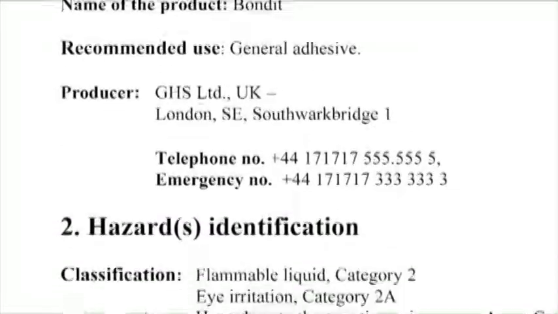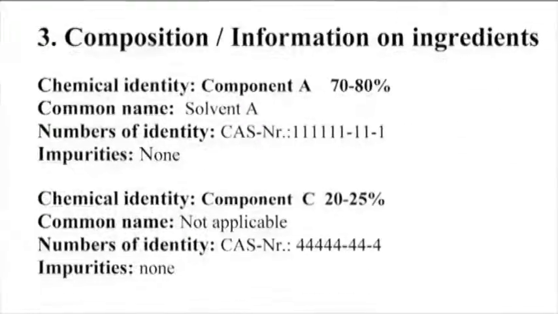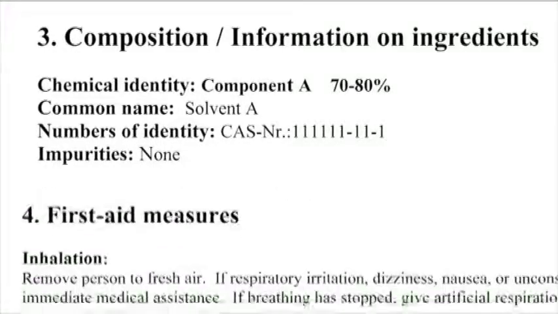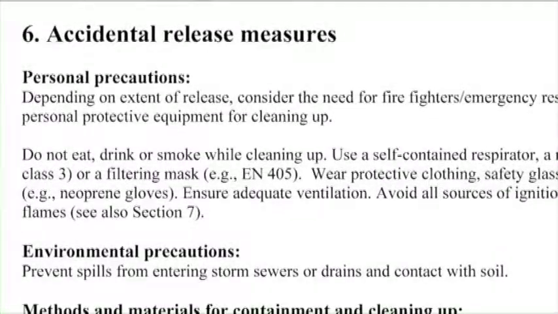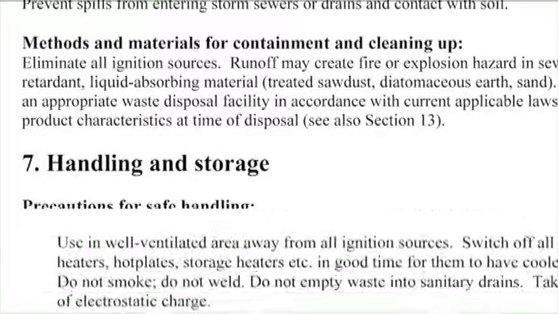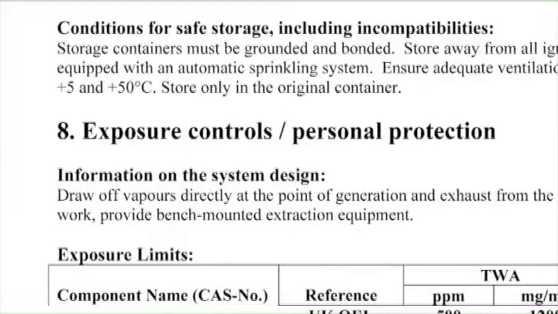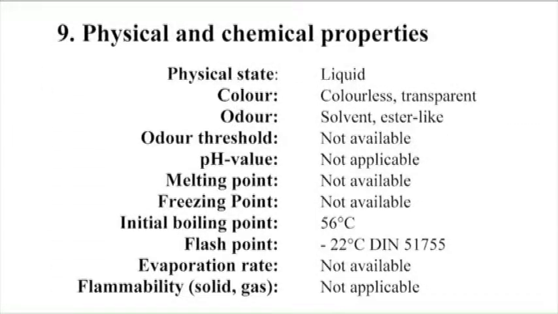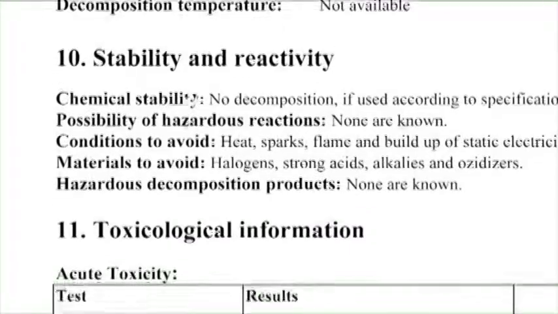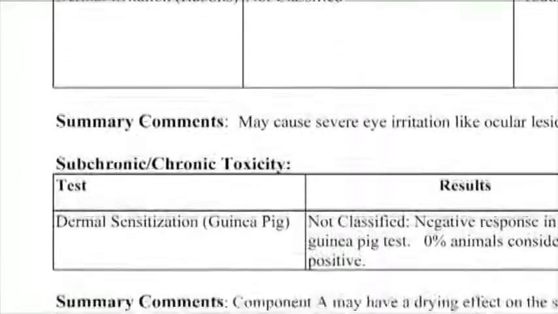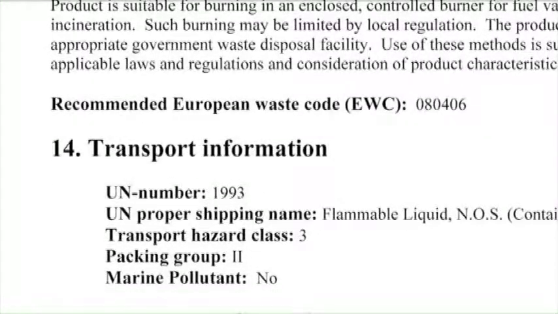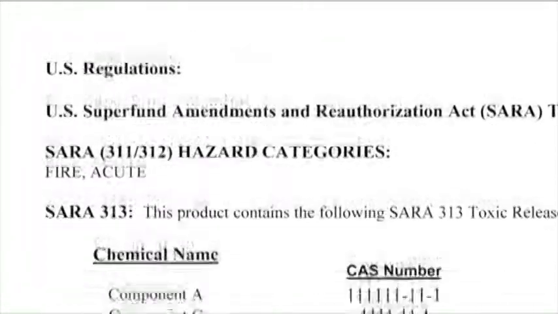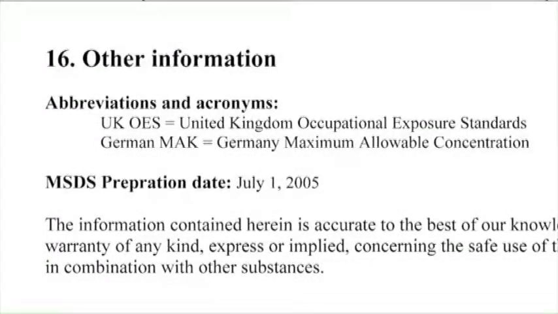The 16 sections include identification of chemical, hazard identification, composition information on ingredients, first aid measures, firefighting measures, accidental release measures, handling and storage, exposure controls, personal protection, physical and chemical properties, stability and reactivity, toxicological information, ecological information, disposal considerations, transport information, regulatory information, other information including date of preparation or last revision.